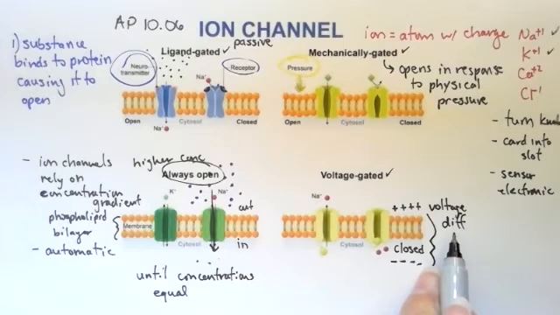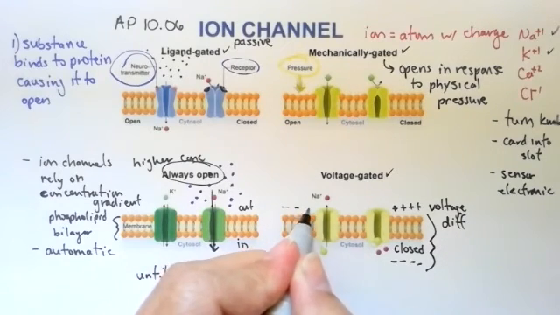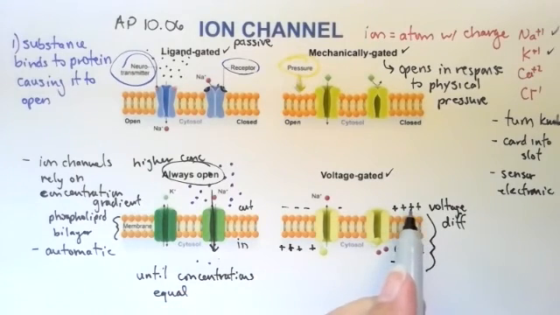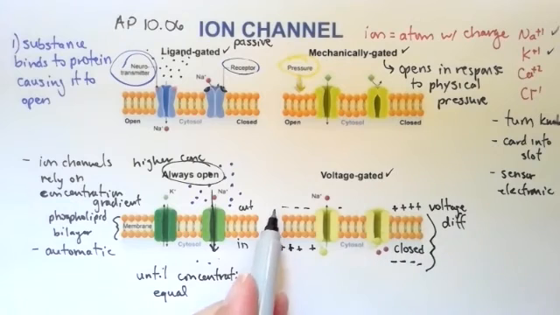If something comes along and causes that voltage to change, so all of a sudden, this positive voltage goes to a negative voltage and the inside negative becomes positive. This voltage change, and I can't say color coded because this one's yellow and I can't write in yellow, so I'm going to go with green.